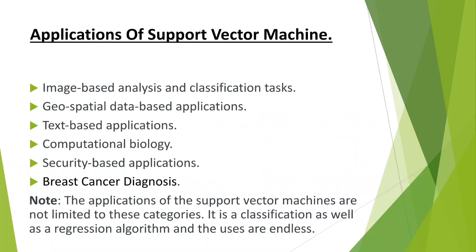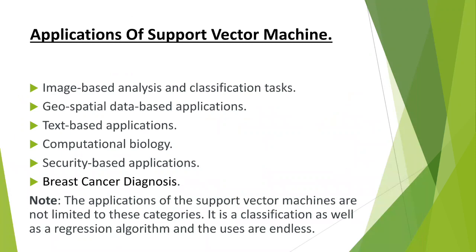Let's see some of the applications of support vector machine. Image-based analysis and classification tasks, geospatial data-based applications, text-based applications, computational biology, security-based applications, breast cancer diagnosis. Note: the applications of support vector machine are not limited to these categories.